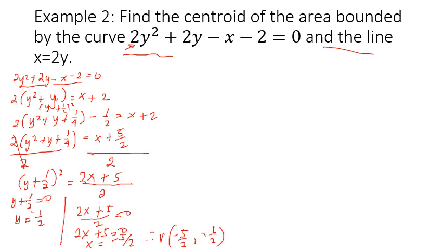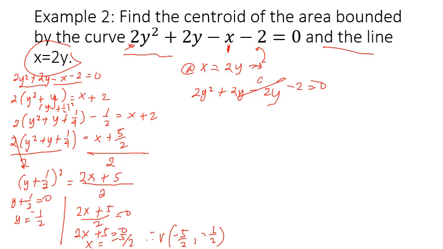Now let's get the intersection points for the curve and line. So at x equals 2, what is the value of y? We equate it to the curve. So we have 2y squared plus 2y minus 2 equals 0, where the value of x is 2.